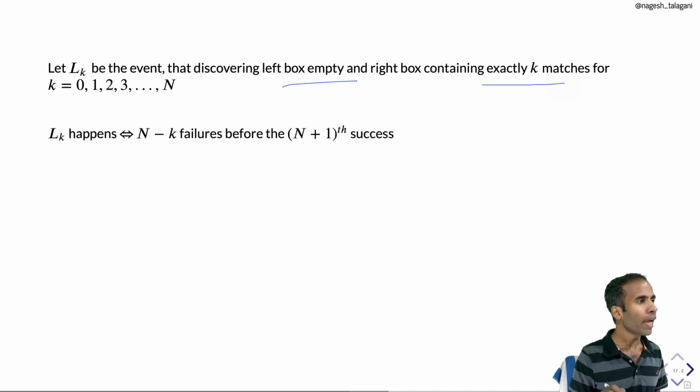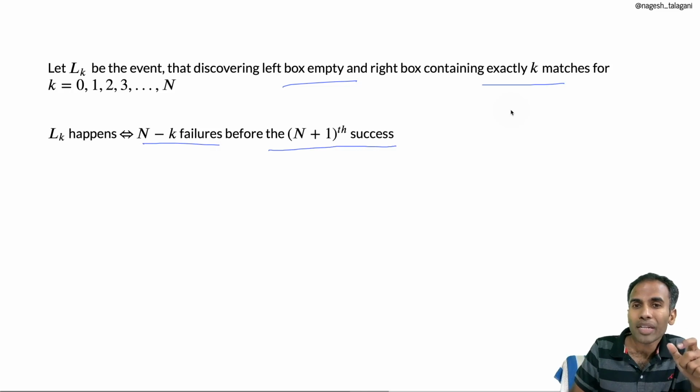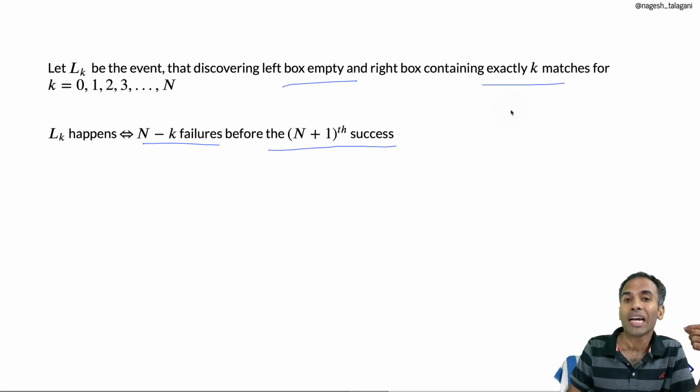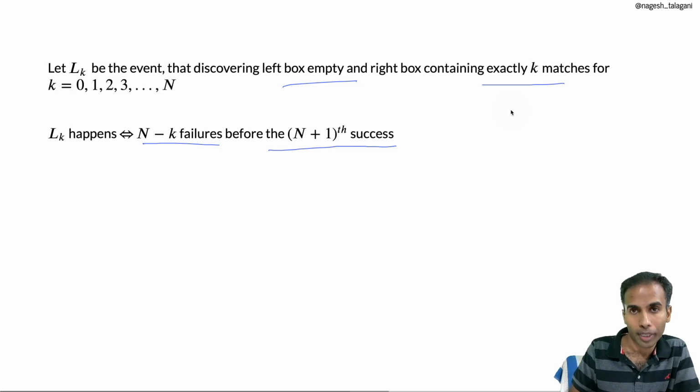Here, Lk happens if and only if there are n minus k failures before the n plus 1 success. Here, the mathematician discovers that the left box is empty when he goes for the left pocket the n plus 1th time. At that moment, we want the right box to have exactly k matches. That happens only if the mathematician had gone to the right pocket n minus k times before he goes for the left pocket the n plus 1th time.